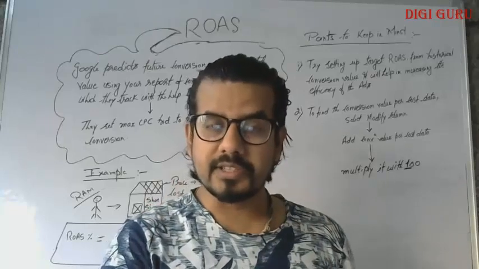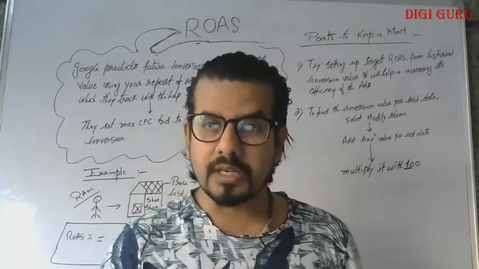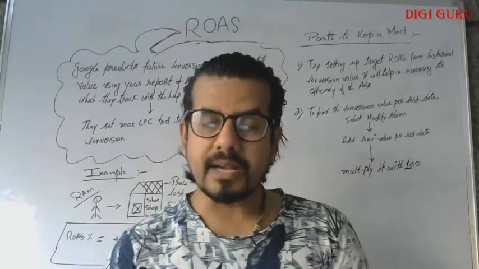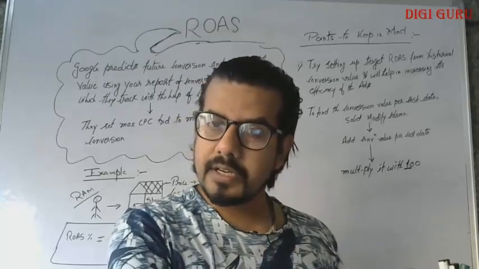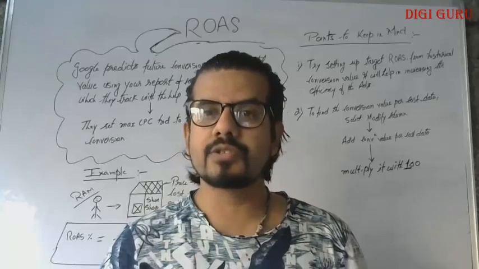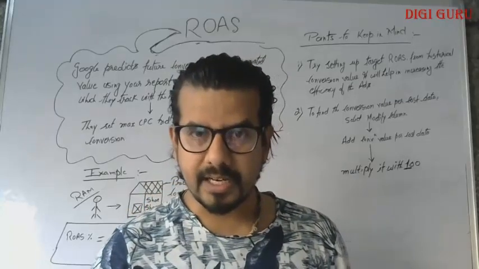Based on the earlier transactions and conversions which have happened, Google comes to a conclusion, okay, in order to give this ad the maximum conversion, taking the earlier ads into reference, it tries to get what might be the minimum bid amount through which I can get a conversion.